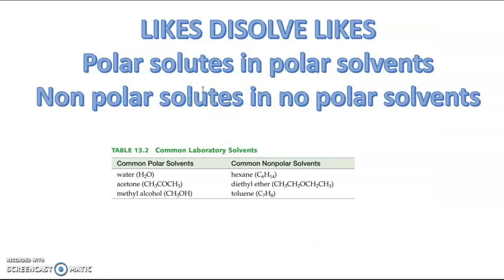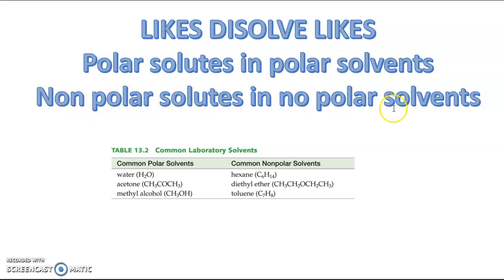The general rule of solubility says that likes dissolve likes. What does it mean? That a polar solute can be dissolved in a polar solvent and a non-polar solute in non-polar solvents.